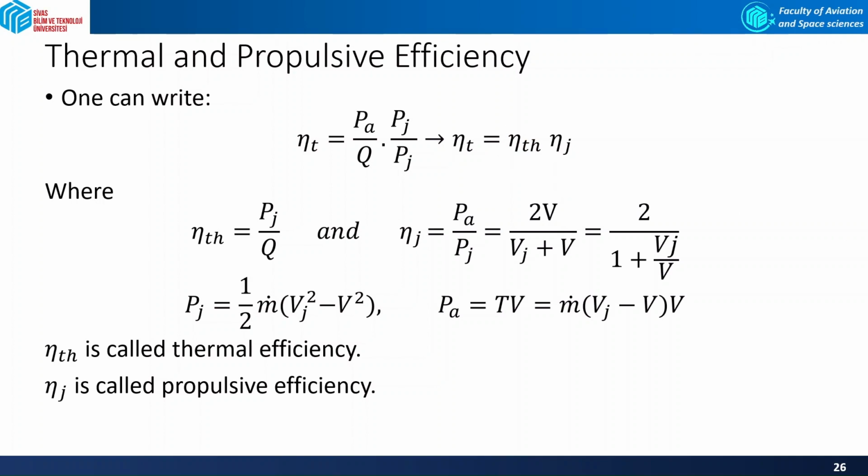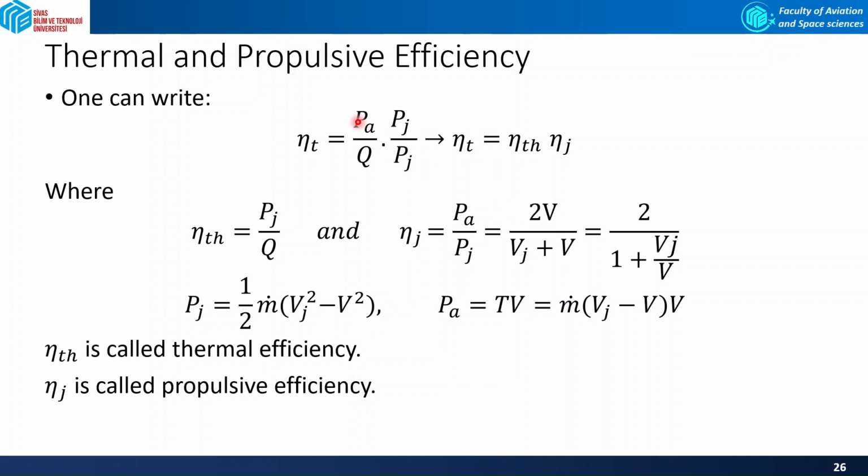Now let's have a closer look at the propulsive efficiency. Eta J is defined as the power available divided by the jet power.